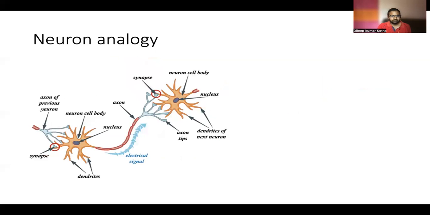As an analogy, let's look at neurons in our body. Whatever inputs a neuron gets in the form of electric signals from other neurons, it takes the input and does something to it within the cell body.